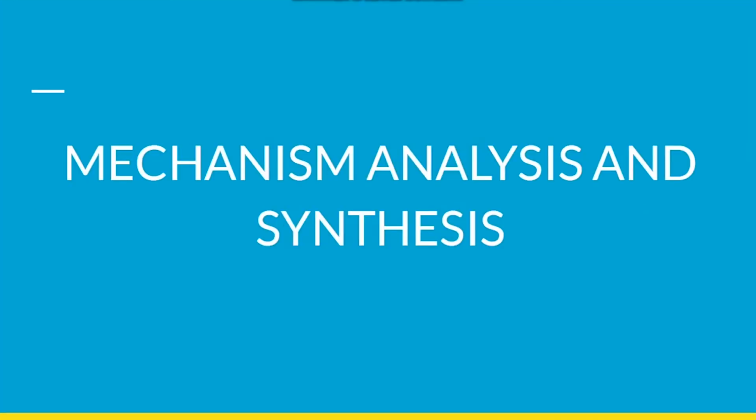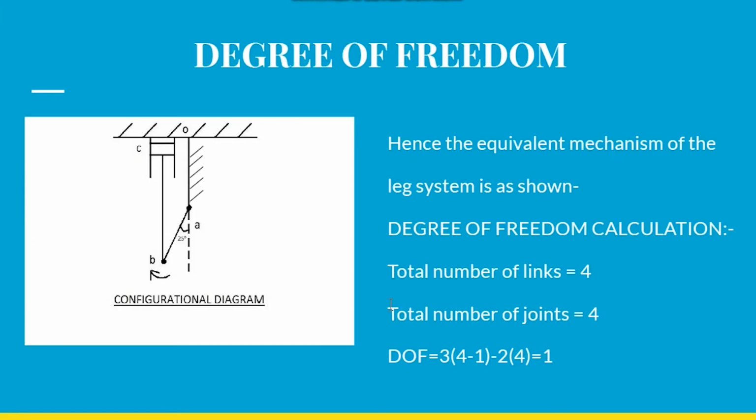Mechanism analysis and synthesis. In this, first we will see calculations for degree of freedom. Here we are assuming the movements of the thigh and the cylinder as negligible. Therefore, they will be considered as the fixed link.